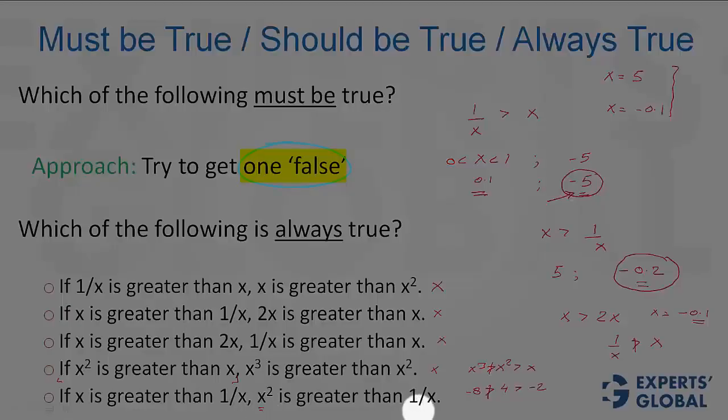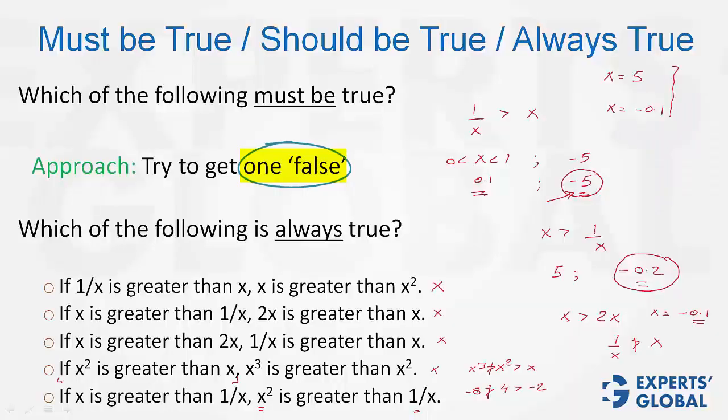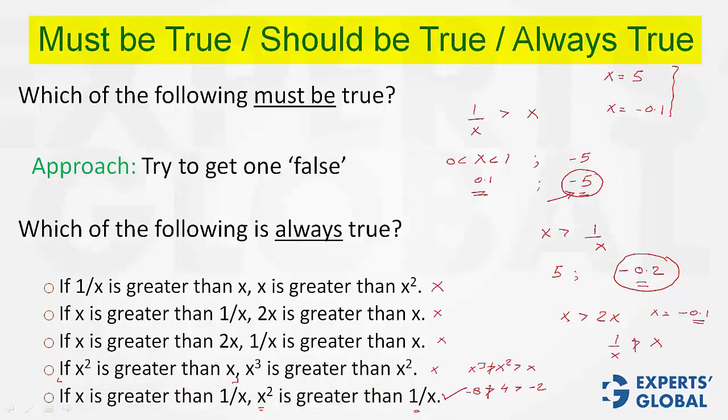That x squared is greater than 1 divided by x. See for 5 also, and for negative 0.1 also. In this case, we will not be able to get even one false. So we can't get even one false. That means this statement must be always true. So this is the approach for solving the must be true, should be true, or always true questions. Largely, they are all the same.